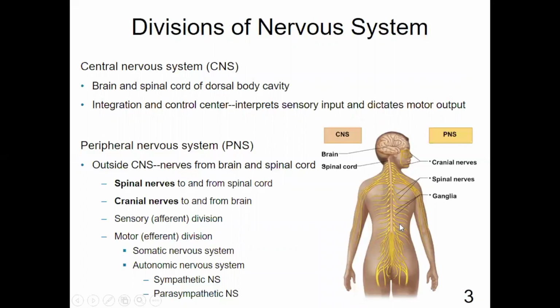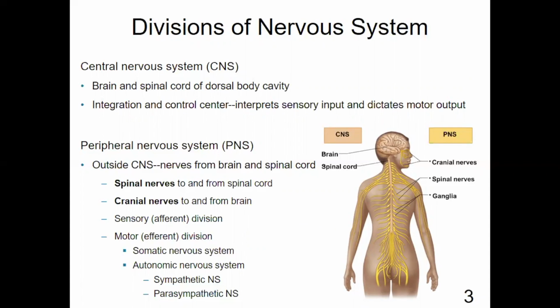Before we get too far into how the nervous system functions, I want to discuss the divisions of the nervous system. The divisions of the nervous system include the central nervous system, or CNS, and the peripheral nervous system, abbreviated PNS. So the central nervous system, or CNS, includes the brain and spinal cord.